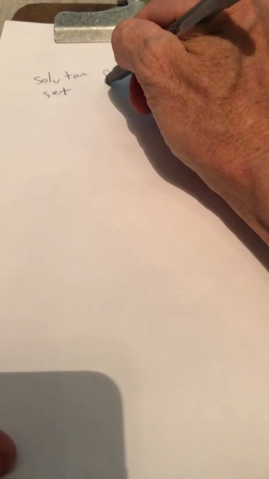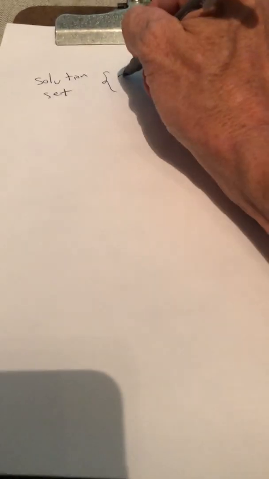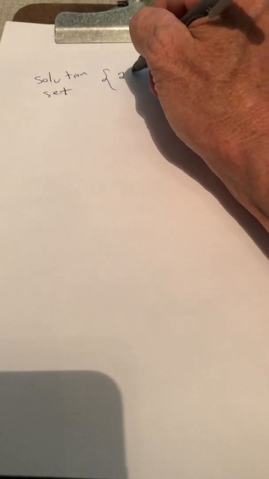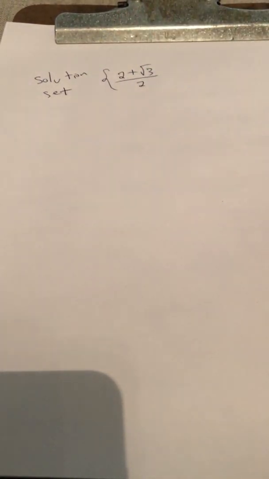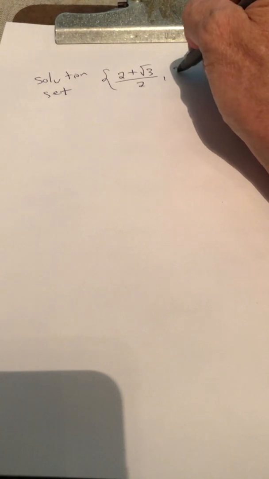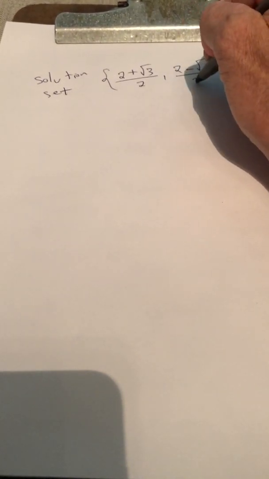What we're doing is we're listing the values of x that satisfy the original equation. Those values of x are 2 plus the square root of 3 over 2 and 2 minus the square root of 3 over 2.